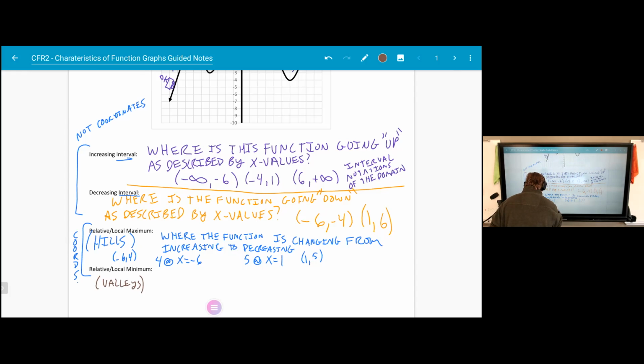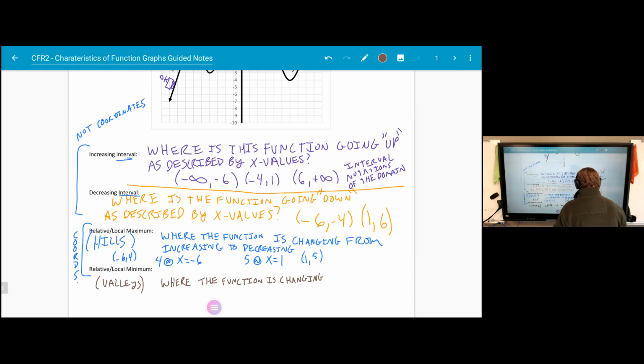So where the function is changing, and this time with a valley, the function is changing from decreasing to increasing.